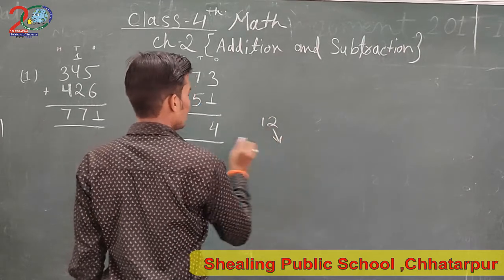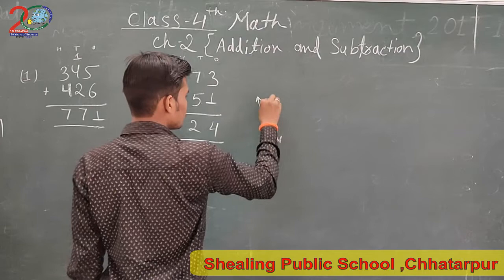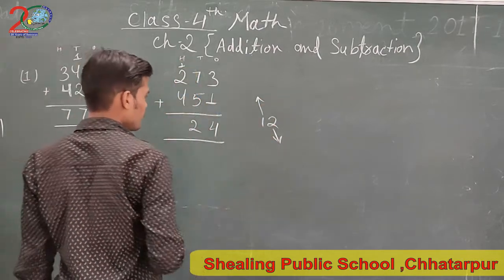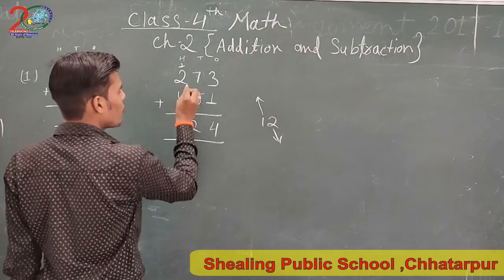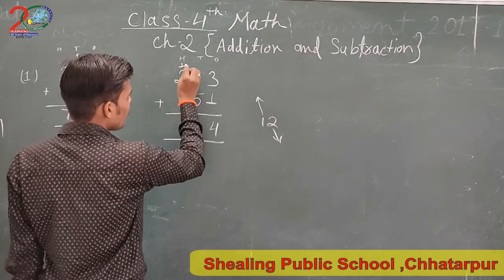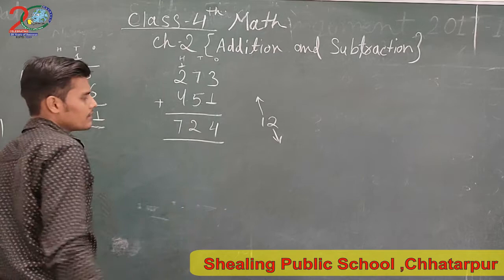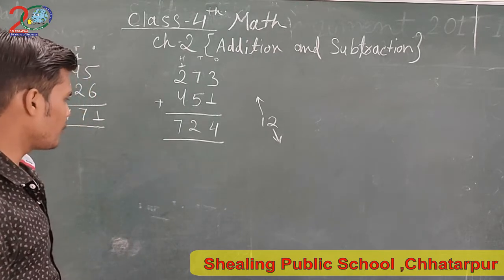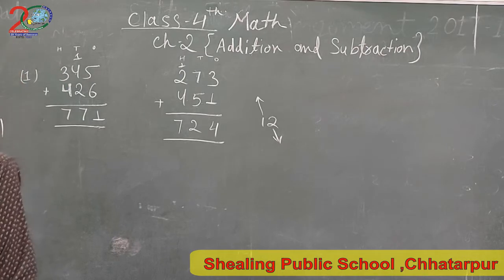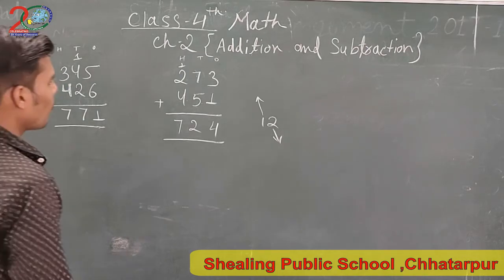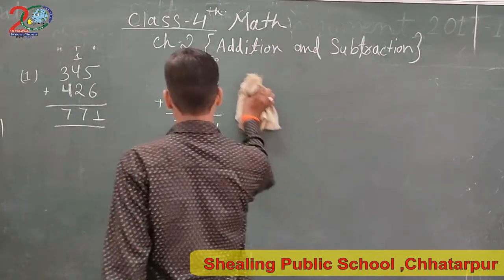So the ones value is written here and the tens value goes to carry. Now we add the carry and both two values also. So 4 and 2, 6 and 1, 7. So what's our answer? It's 724, like this.